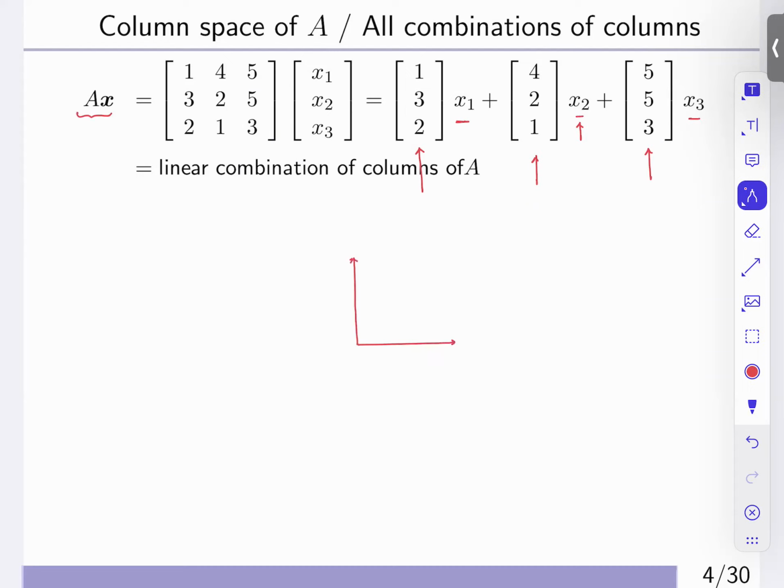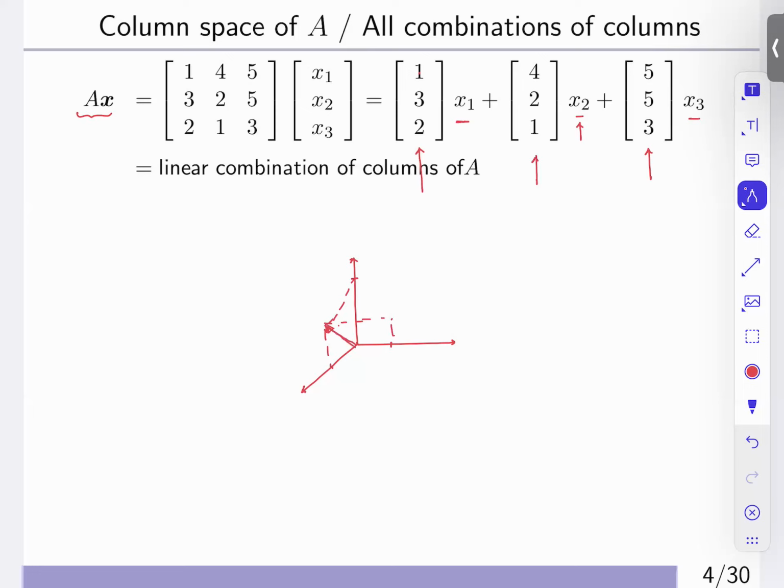So once again, let me give an example. Let's take just a simple example: 1, 3, 2. This means 1 unit in the x direction, 3 units in the y direction, 2 units in the z direction. So maybe we have this vector somewhere over here.